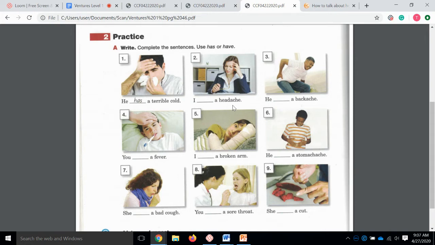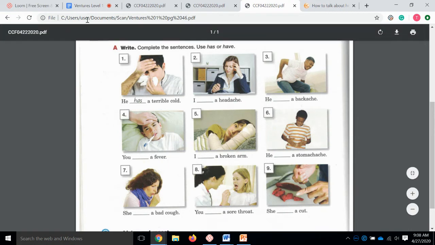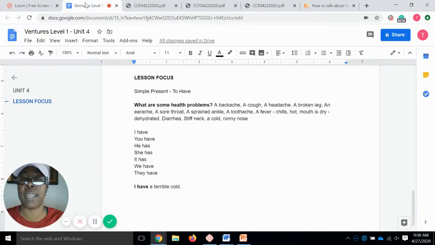Why don't you pause on this page right now and go through each one, write the answers for each one. You can write it in the comment section of the YouTube video, or you can write it in a text message and send it to me, however you want to do it. Okay, so pause, and then we will go through it with the answers. So I'm going to pause it right now.